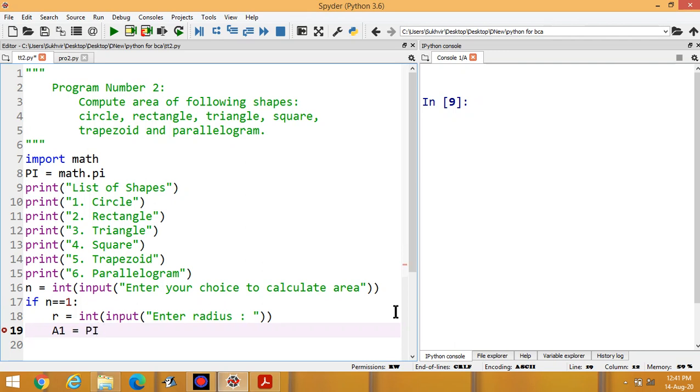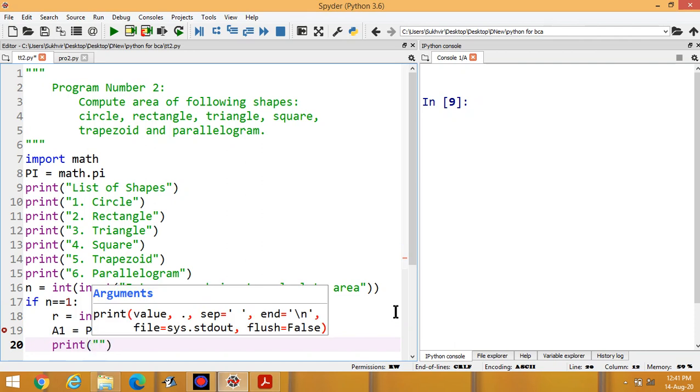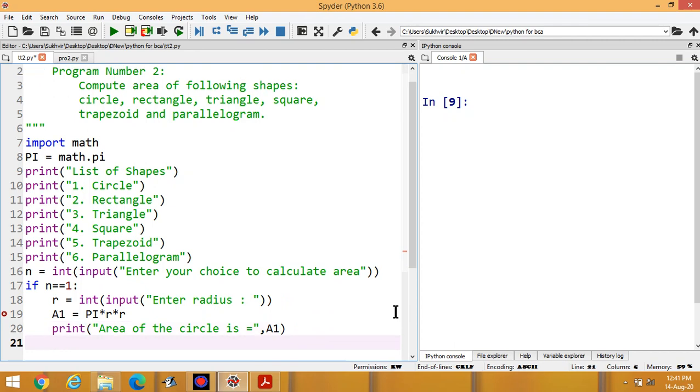You can write pi star r, means pi r square. Then you can print "area of the circle is equal to", and you can write here a1 like this.